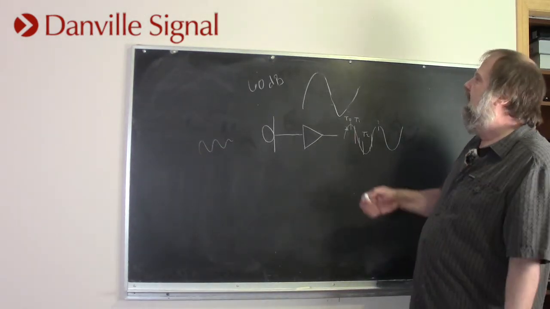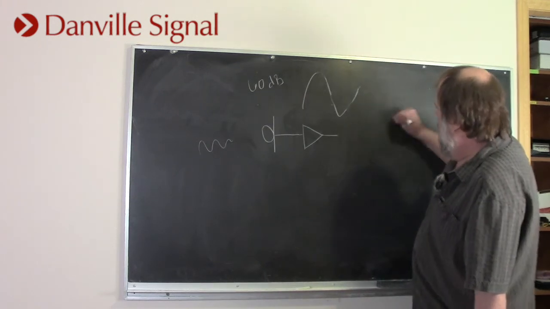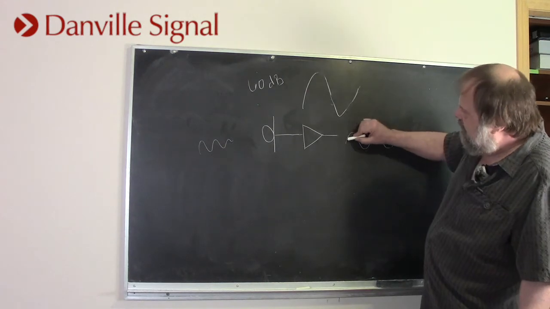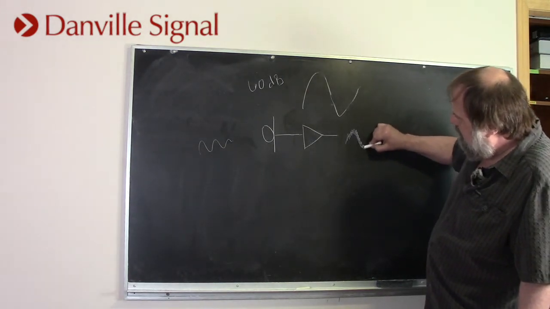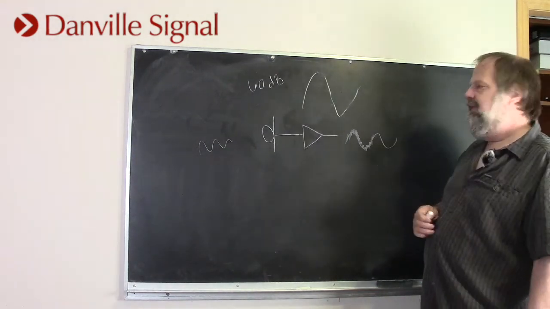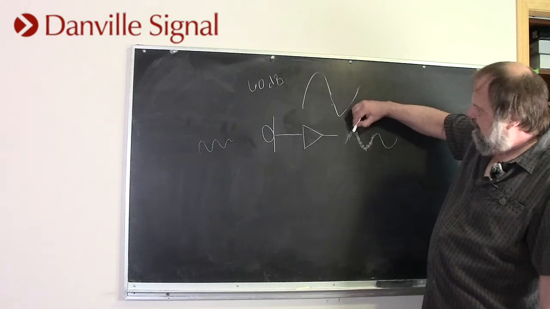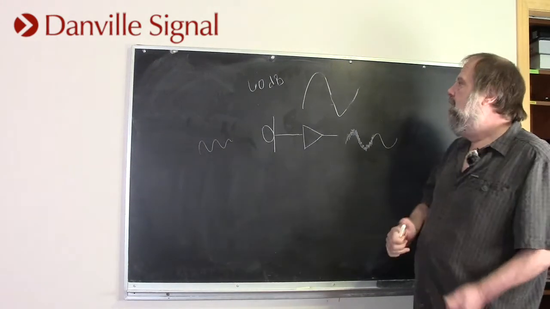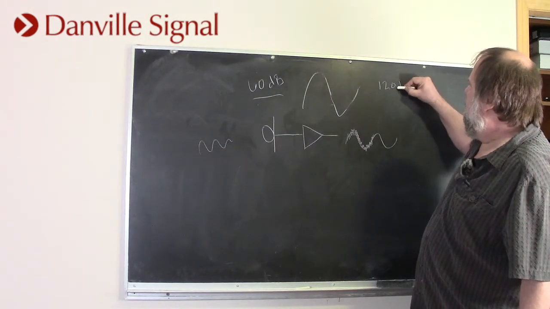But the practical reality is that this perfect signal, remember we start off with our perfect signal down here because it's conceptual. In real life, that perfect signal has noise riding over it, exaggerated in my pen, like that. So at any one point we look at this, it's not the perfect spot in the middle, it's the peak or the valley of the noise at that point. Now, how much is that versus, say, 120 dB?